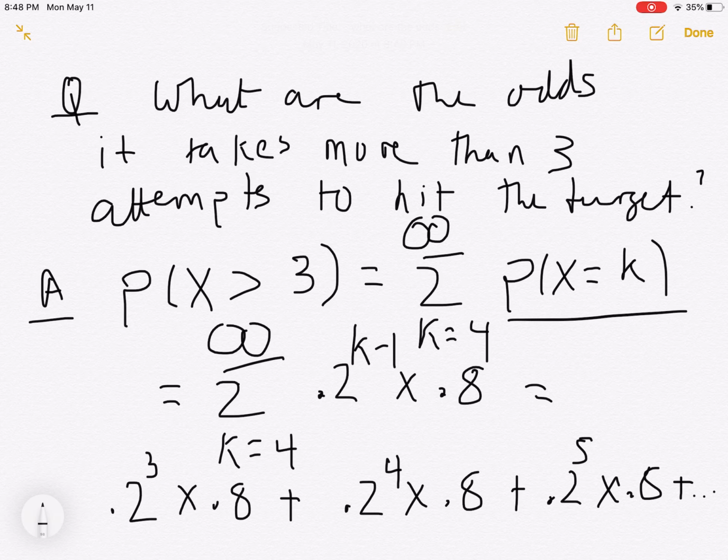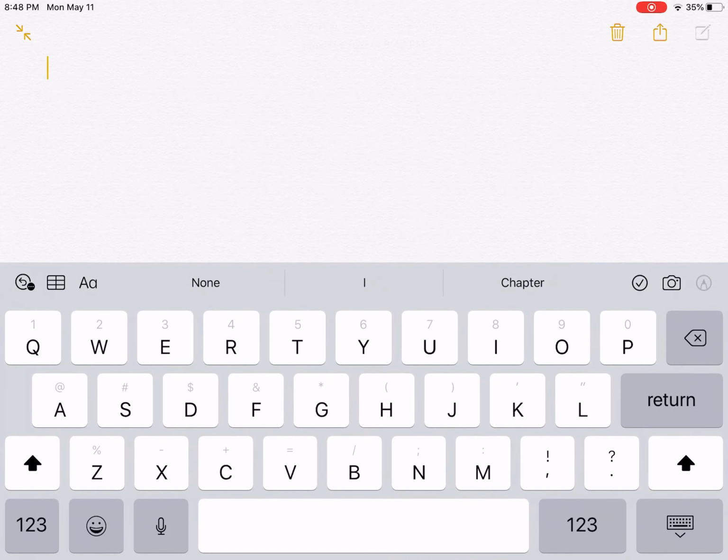Well, I'm going to factor out this 0.2 cubed times 0.8 out of each term. And when we do that, we're going to get this. That first term is 1.